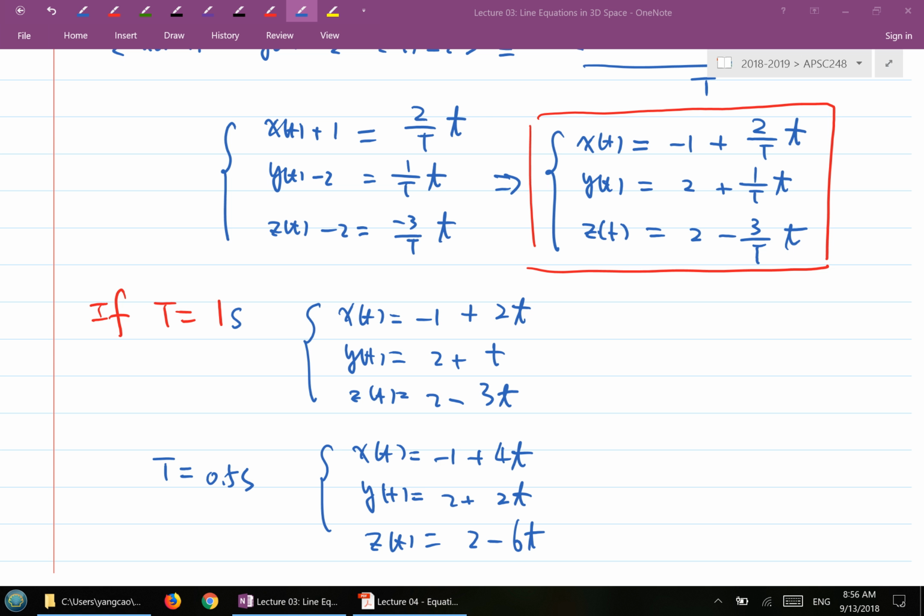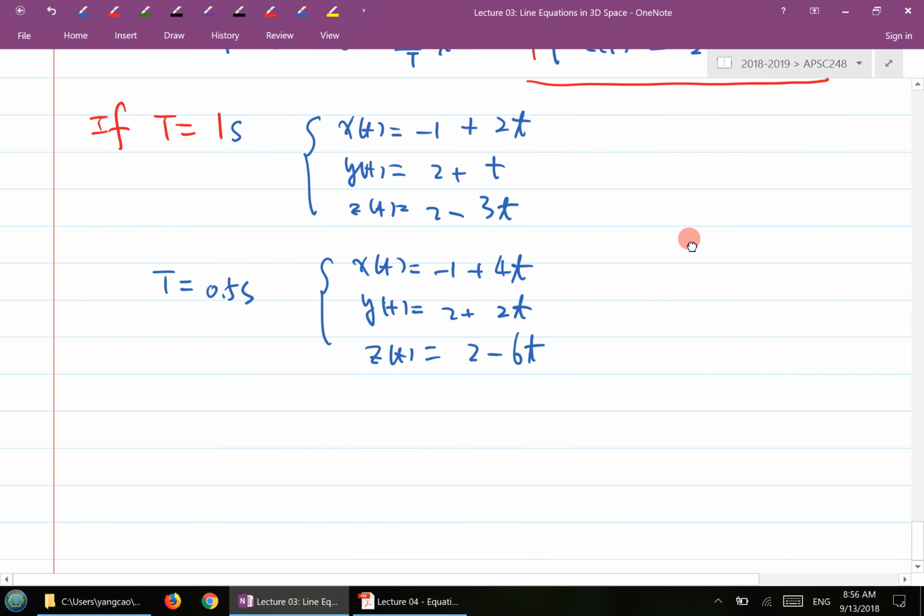They look different, but they all describe the same line. And you can imagine if I plug in other different t's, you get different equations again. So this is the first common point: the parametric equation for a line is not unique.